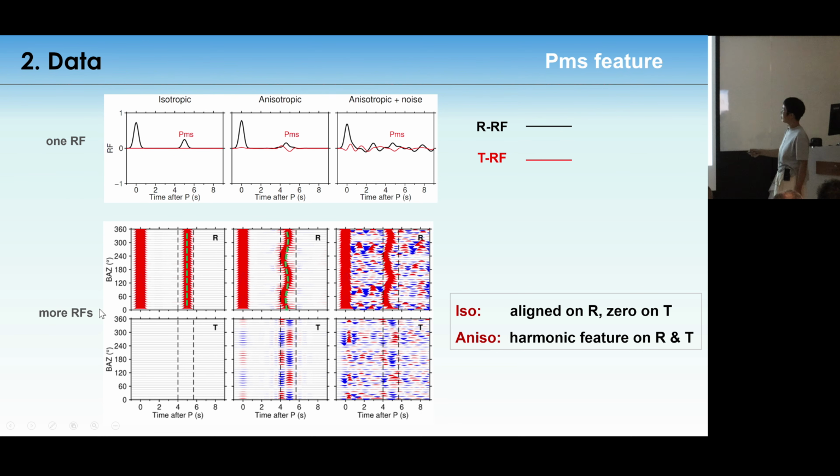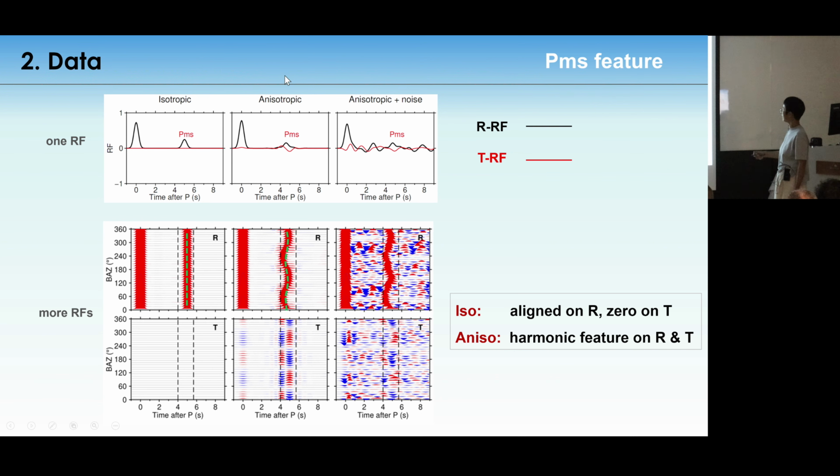Here we have more receiver functions aligned with different back azimuths. For the isotropic crust, we can see that the delay time and the energy of the Ps on the R component align in a straight line, and the energy on the T component is 0.